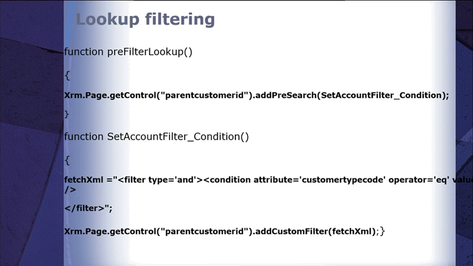You can see here we have the fetch XML. You don't need to declare a variable; you can simply use this same variable name, fetch XML, and you also don't need to provide the complete fetch XML. You can just apply the filter condition that you want to impose here.